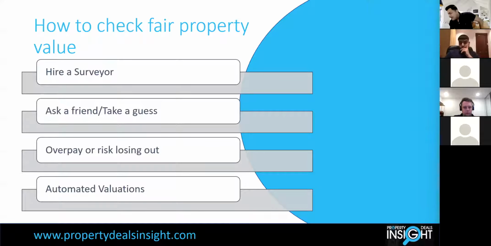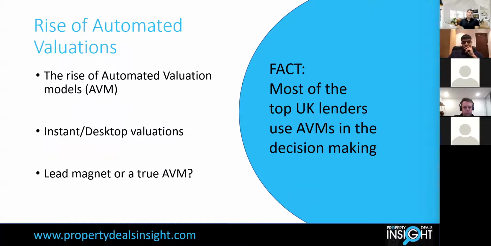Then recently, a lot of people have started looking at automated valuations, which have become quite popular, being used by most of the top UK lenders. So if it's good for them, surely there's got to be some merit to it. However, again, you have a lot of so-called valuation models which are nothing but a lead magnet.